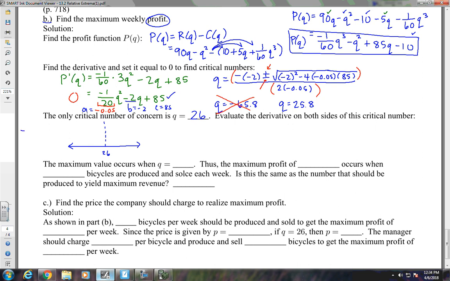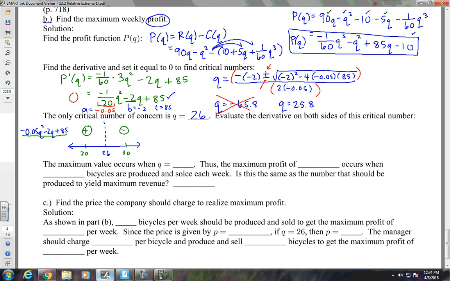So I'm thinking negative 0.05 q squared minus 2q plus 85. So I need a test point less than 26. How about 20? And I'm going to need a test point bigger than 26. How about 30? Now, if you plug those into your function and used your calculator, you'd find out it's positive on this side and negative on this side.